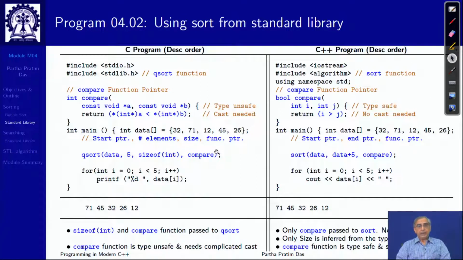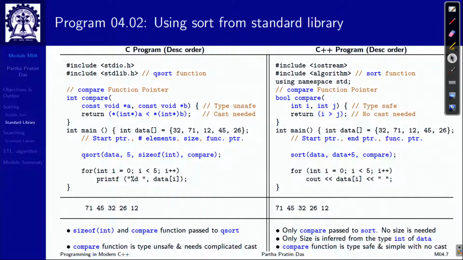Now, let us see, if we are doing sorting, can we make use of the standard library? In fact, I would presume that many of you who have been programming in C for a while may not be aware of, or may not have used, the sorting function given in the C standard library, which is one of the best sorting algorithms known, that is quicksort.